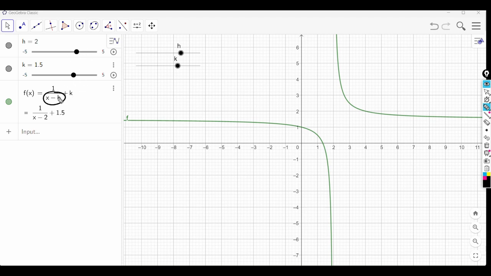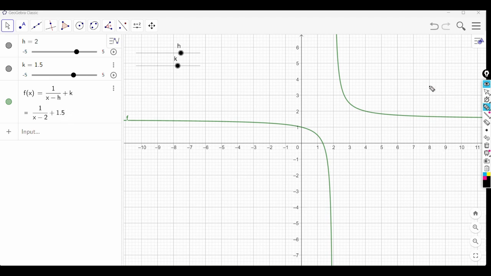It's just that it's opposite of what you might naively expect. So you subtract 2 and that ends up shifting to the right. Whereas if k was negative, that would shift it down. The thing to remember is the horizontal shift is backwards from what you might think. And that backwards part comes from that being a negative sign instead of the positive sign there.